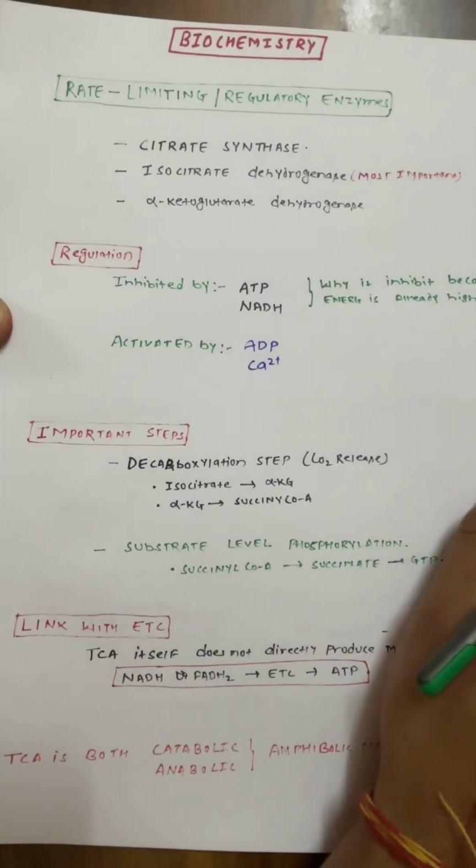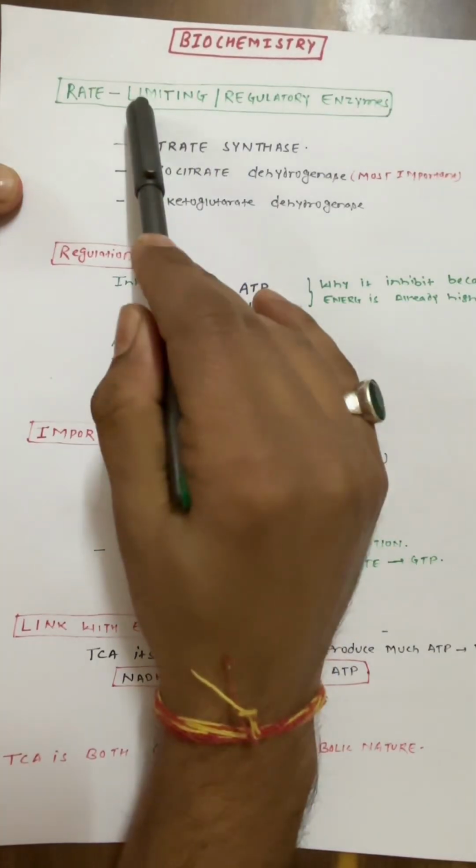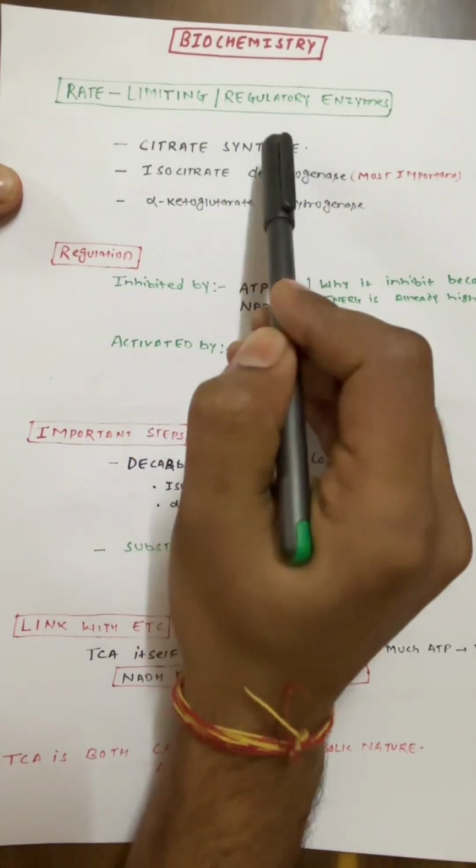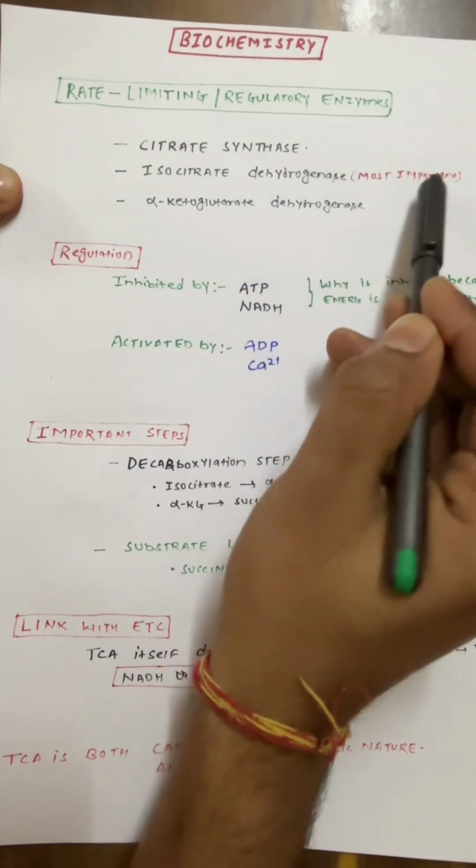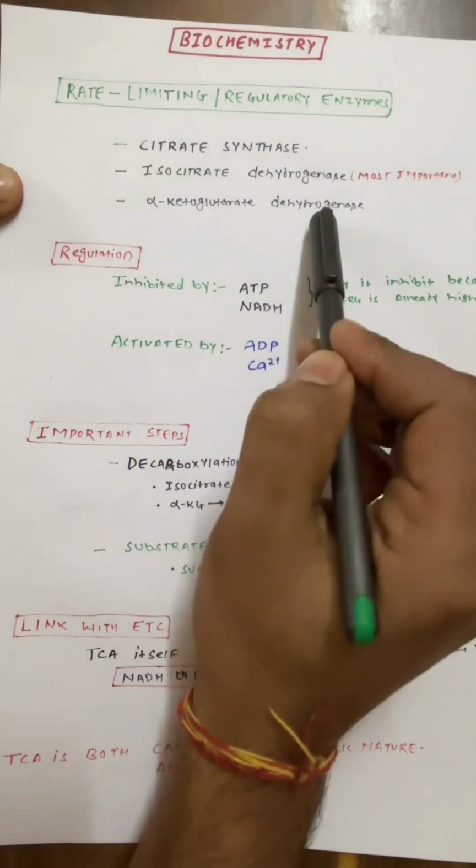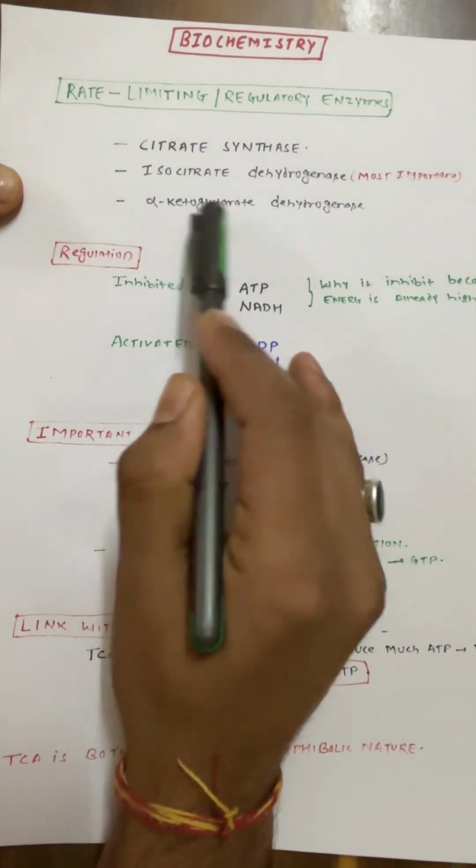Before calculating ATP, just remember that the rate limiting or regulatory enzymes are citrate synthase, isocitrate dehydrogenase, which is the most important, and then alpha ketoglutarate dehydrogenase.